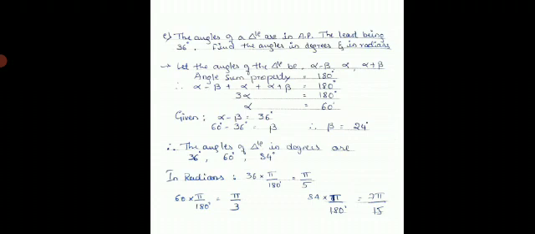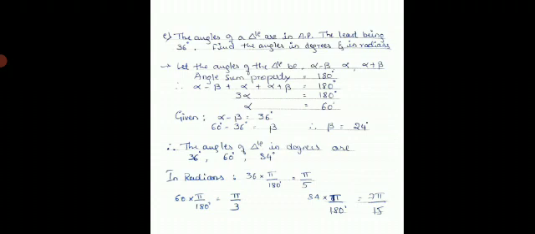Now given in the question is the least being 36 degree. Here among the three angles we have considered, one angle is the smallest, that is the least, which is equal to alpha minus beta. The value is 36 degree. Now we know the value of alpha is 60 degree.